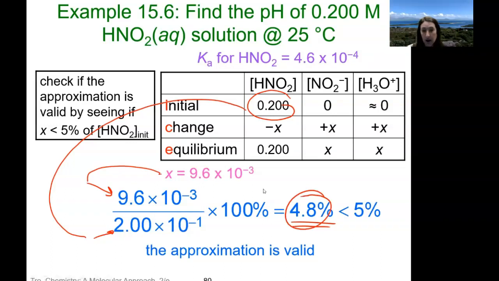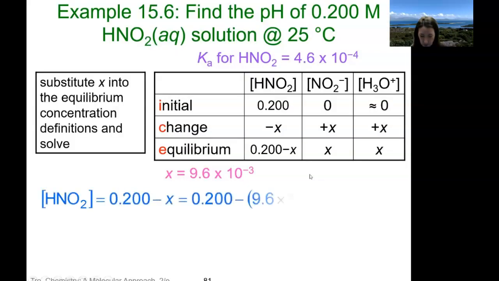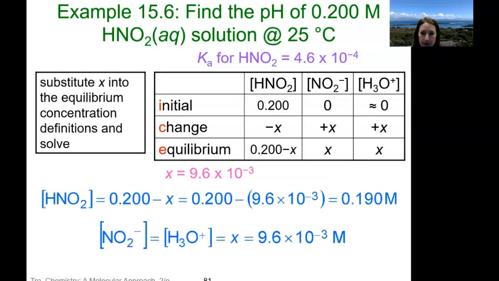But again, we still have to find the pH. It's just the negative log of our x is our pH. So I found out these other concentrations, but you don't really need these, right? We just need this piece. The reason I find these here is so we can check to see if our answer is correct.